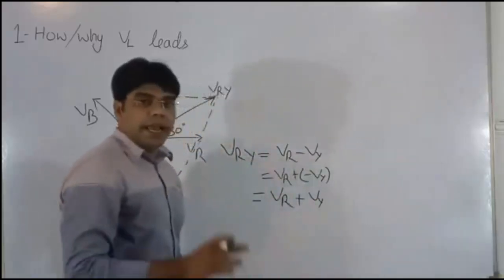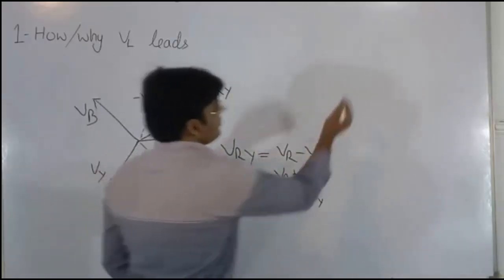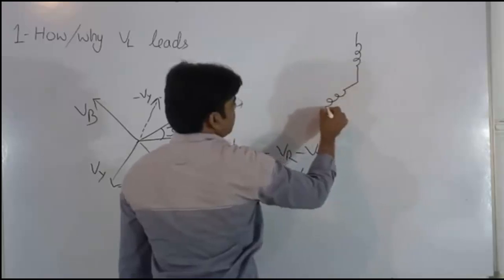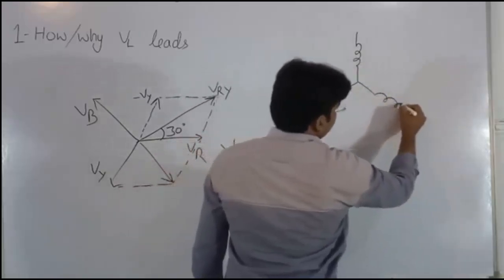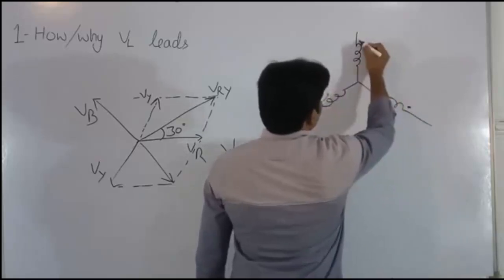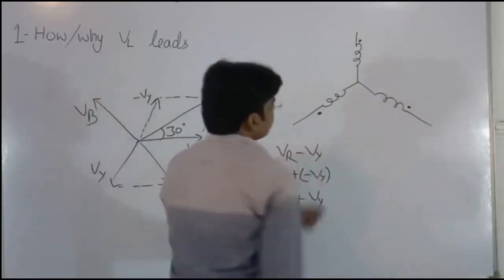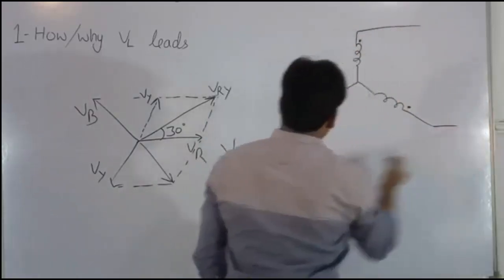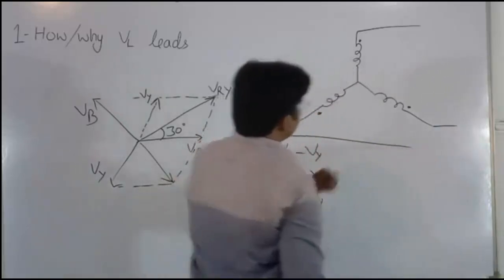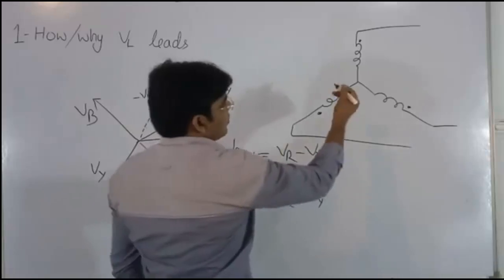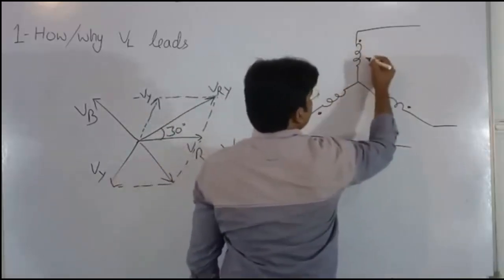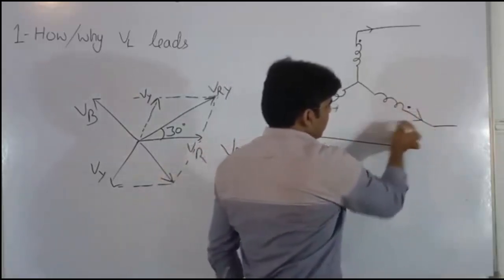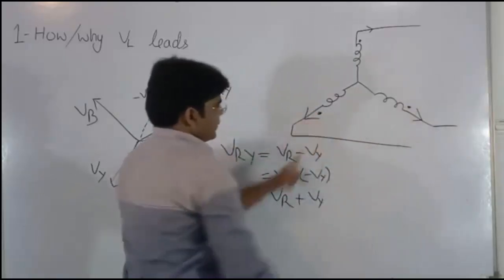So let us see the actual connection of winding. How are windings connected? In this manner. This is R phase, Y phase and B phase. This winding causes current to flow in this direction, and here direction of current is like this, and here this.